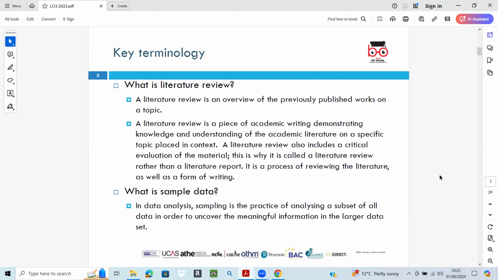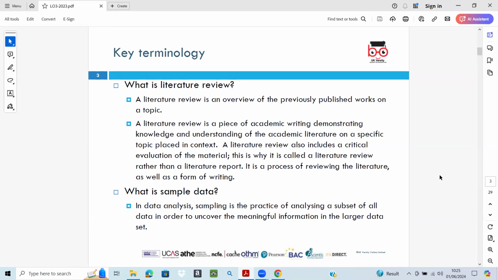Example is, in the context of telehealth during the COVID-19 pandemic, a literature review might highlight studies that support increased patient satisfaction due to the convenience of telehealth. Then we could have research indicating potential disparities in access to telehealth based on socioeconomic factors.